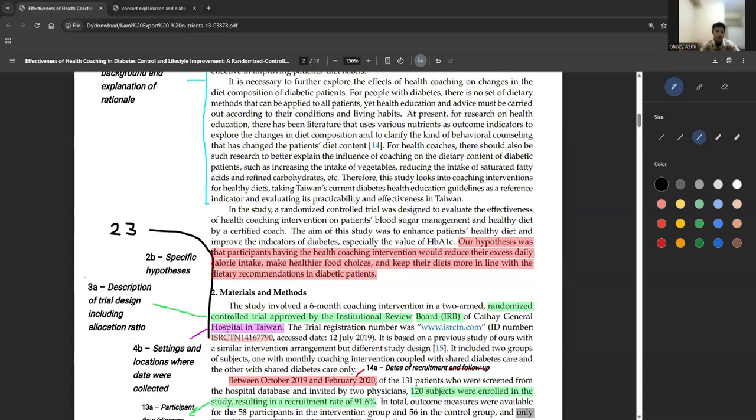What I found is this sentence: our hypothesis was that the participants having the health coaching intervention would keep their diets more in line.